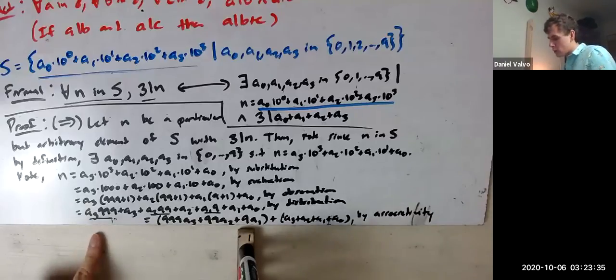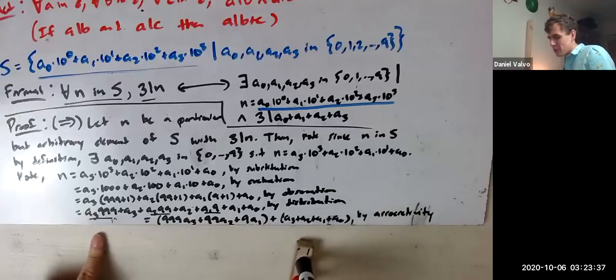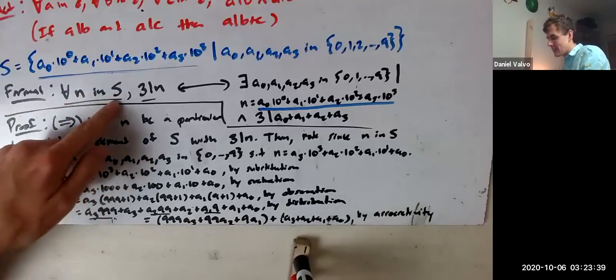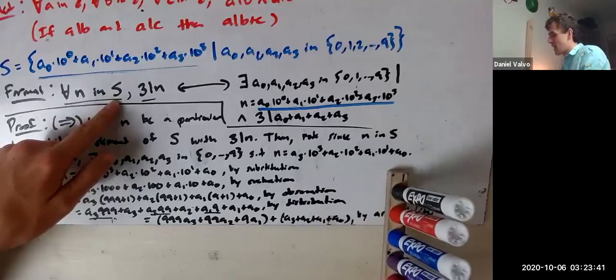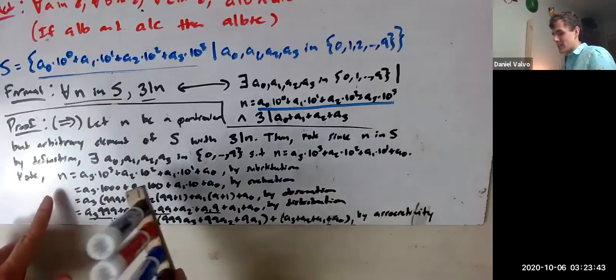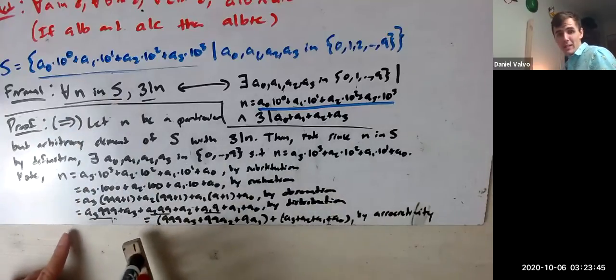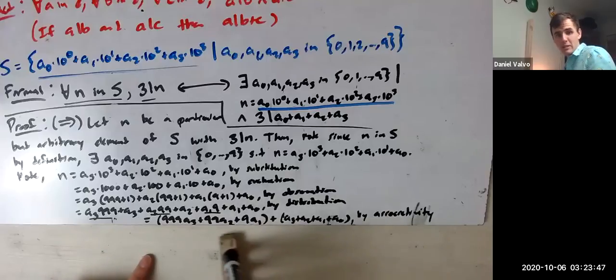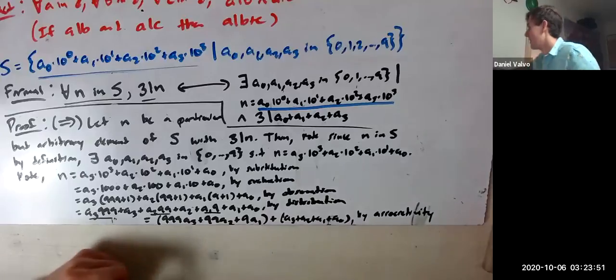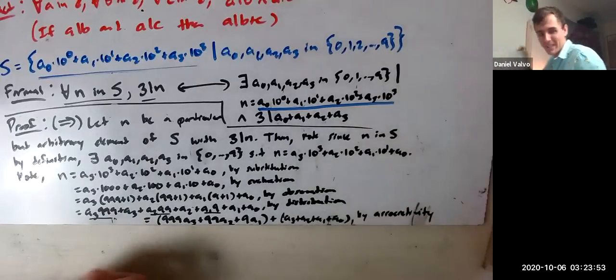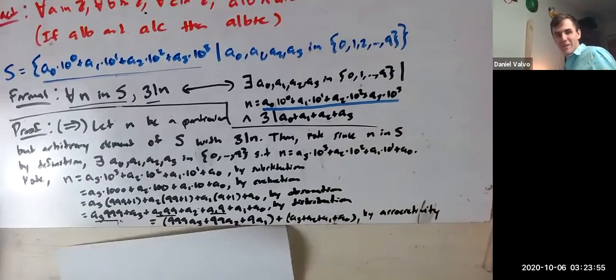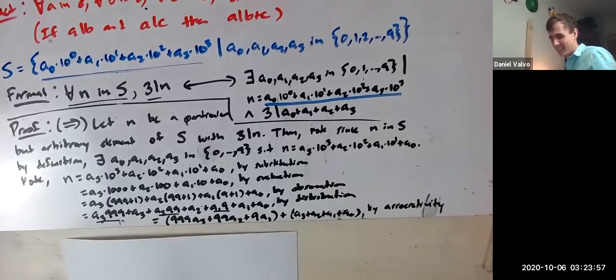So far, all we've done is we've just said because n is in S, it can be written like this, and if we just rearrange some stuff using pretty basic algebra, we get to this. And I don't want to erase this, so we're going to continue with pen and paper.